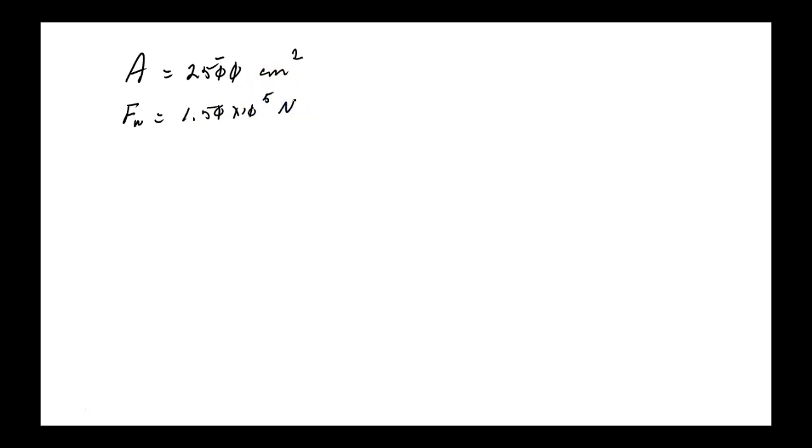Now, 10 to the 5th would mean you would move this decimal 5 places to the right, which would be 150,000 newtons. That's a fair amount of force, but buildings have quite a bit of weight to them. It says find the stress on the column.